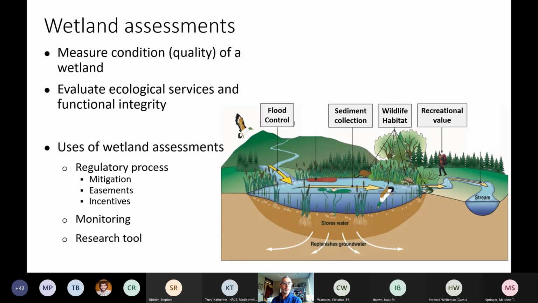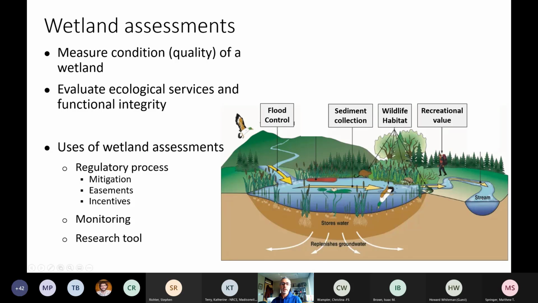They can be used in regulation as part of mitigation. They might be useful in easements, such as Kathy was discussing just recently, or in incentives programs as well. They might also be useful for monitoring, whether it's long-term monitoring, ambient monitoring of wetlands. And they might also serve as a research tool to address questions and learn new things about wetlands.